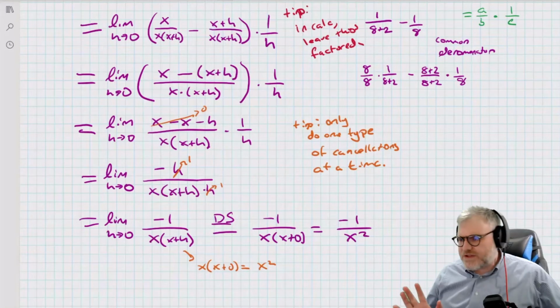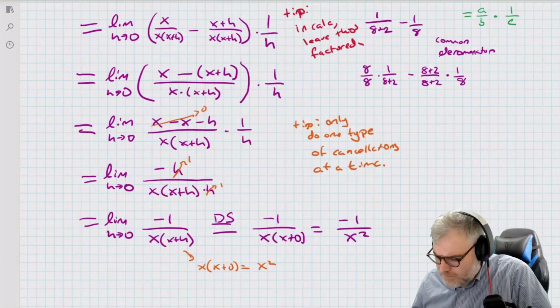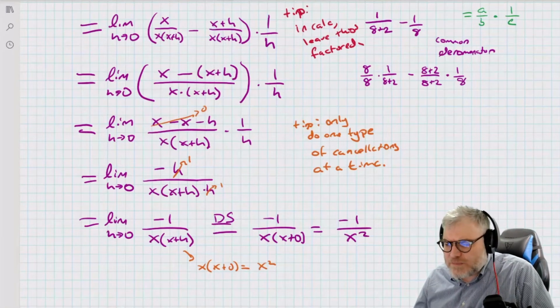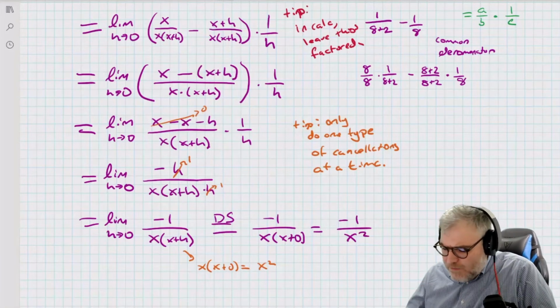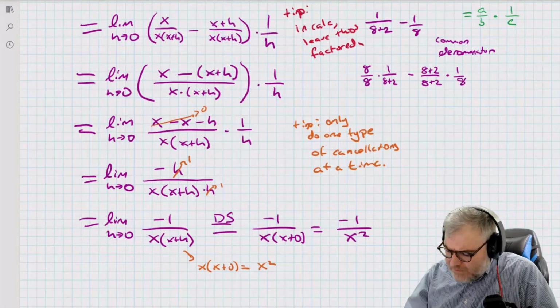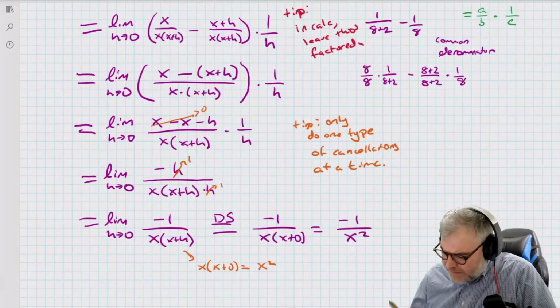And are there any questions? And as I said, this is supposed to be a reminder of how to do these things when I wind up with these abstract things. Now, I got rid of the h at the end by taking the limit.